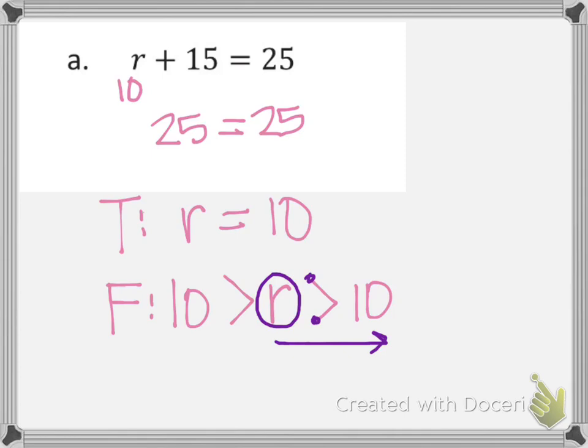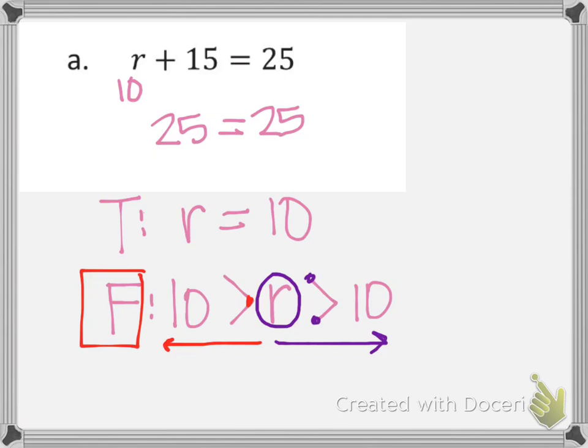And if I read in the other direction, now I get to the small part of the sign first, which means less than, so this says r is less than 10. So it's false when r is greater than 10 and when r is less than 10. And that's everything, all possibilities to infinity. We have 10, we have everything bigger than 10, we have everything smaller than 10.